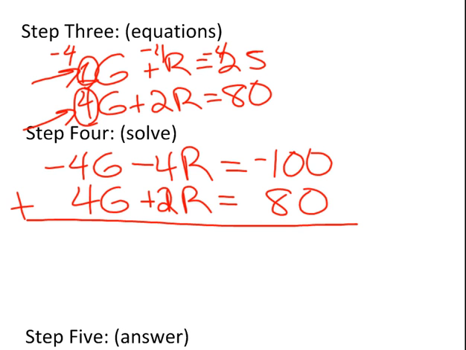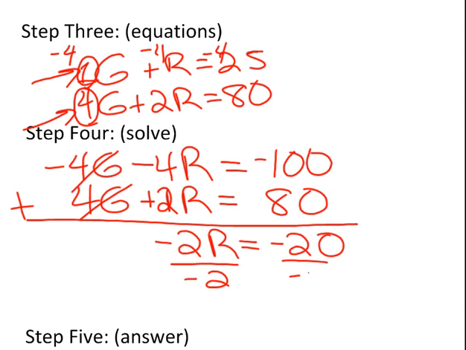Negative 4 plus 4, I have 0 G's. Negative 4R plus 2R is negative 2R. Negative 100 plus 80 gives you negative 20. Divide by negative 2, and you get R is equal to 10.